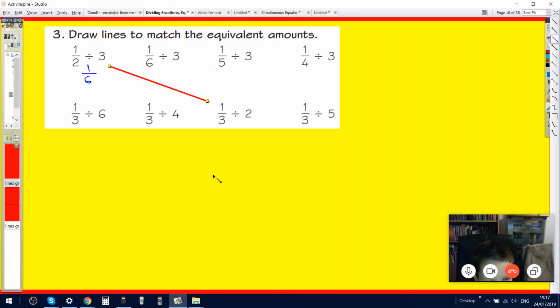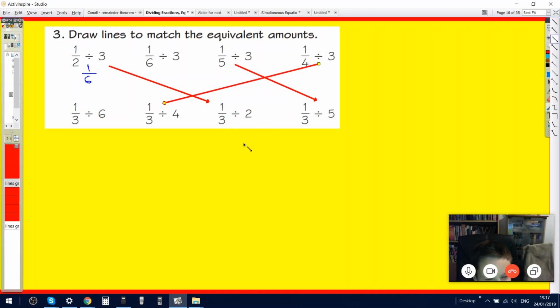I think so. I think 1/5 divided by 3 and 1/3 divided by 5. Yeah. I just found another one. 1/4 divided by 3 is the same as 1/3 divided by 4.